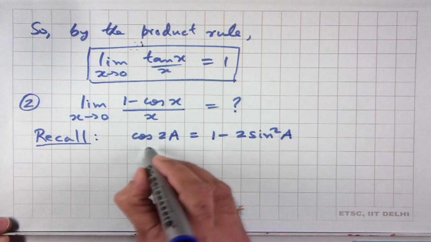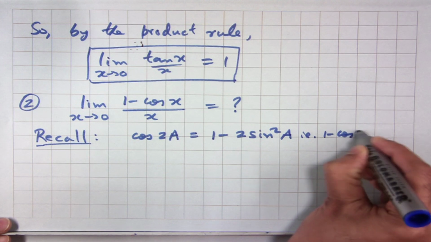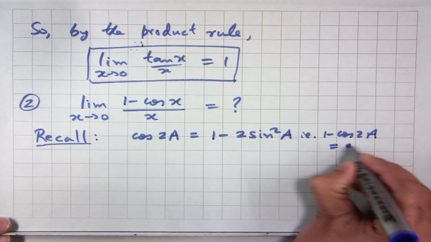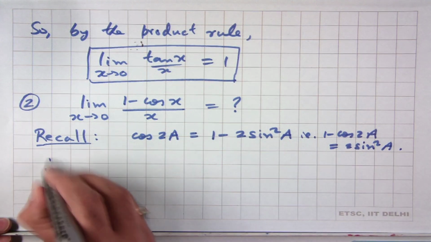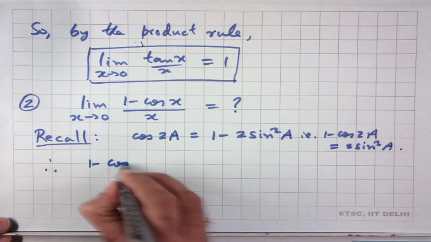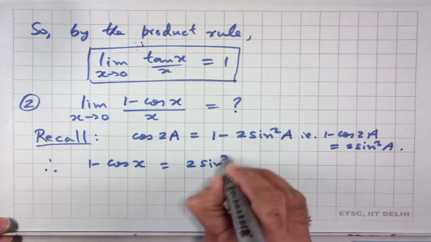So, that is 1 minus cos 2a is equal to 2 sine square a. So, therefore, 1 minus cos x is nothing but 2 times sine square of x by 2.